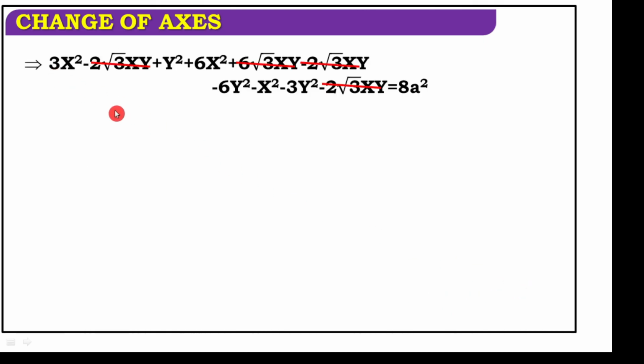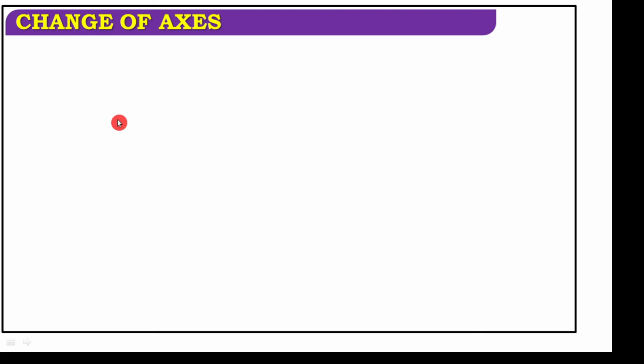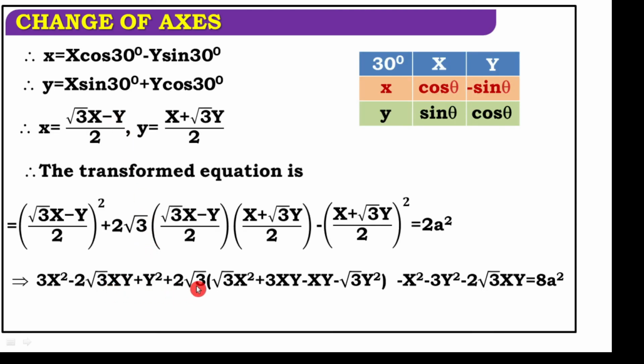So 3X square here. So 2 root 3 into root 3, root 3 into root 3 is 3, 2 3s are 6X square, and 3 minus 1 is how much? 3 minus 1 is 2XY. So we are multiplying this one. So root 3 into 2, 2 2s are 4 root 3 XY, and root 3 into root 3 is 3, 3 2s are minus 6Y square.